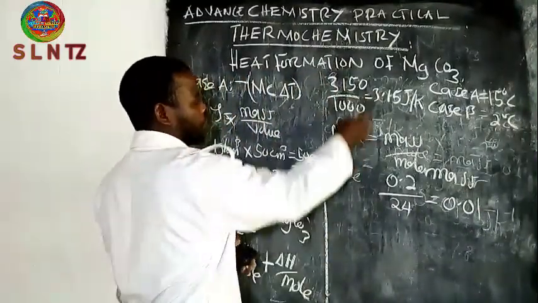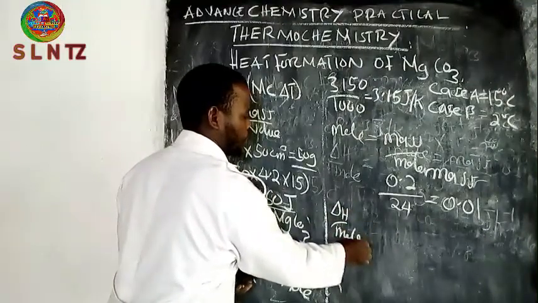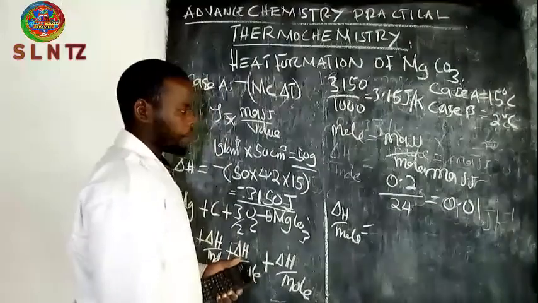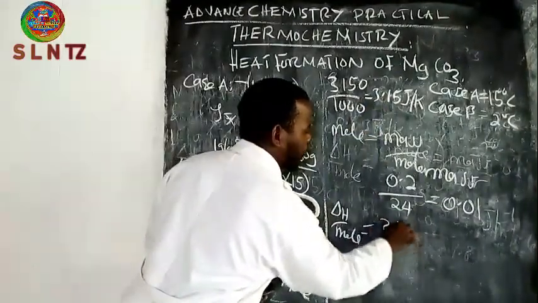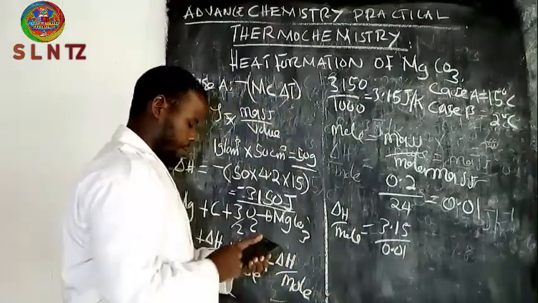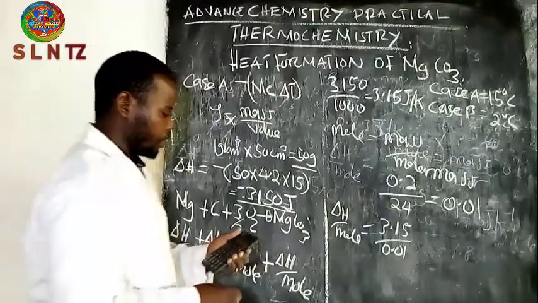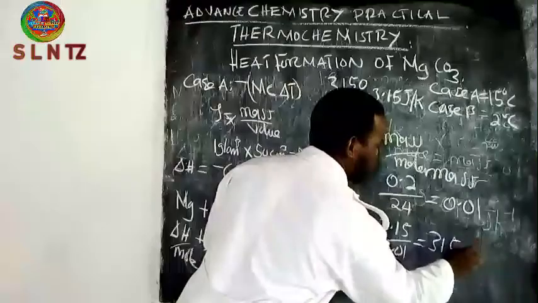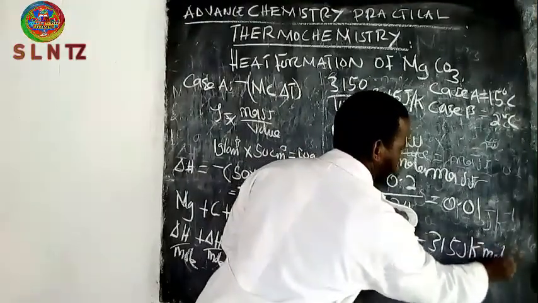So molar heat is equal to 3.15 divided by 0.01, which is in kilojoule per mole.